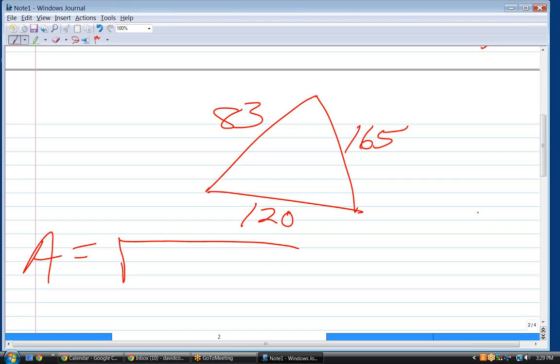Heron's formula is the one you're talking about. Yeah, and that's fine to use. What is Heron's formula? It's the square root of S times S minus A, S minus B, S minus C. Hold on one second.